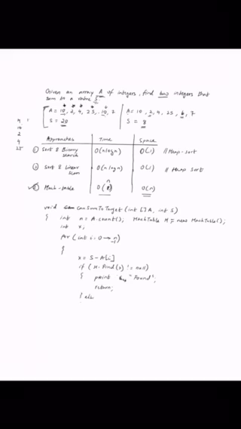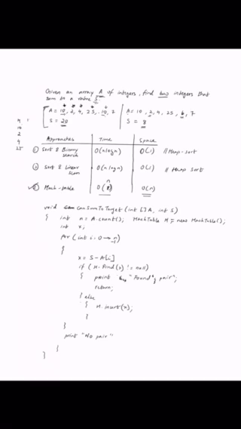Else, I would insert x into the hash table and then just move on. If you iterate through this and hit the end of the array and you don't find it, then you just print no pair. Maybe I'll just call this found pair.